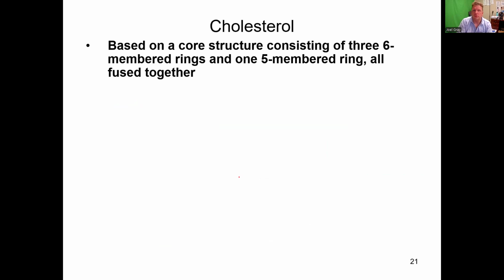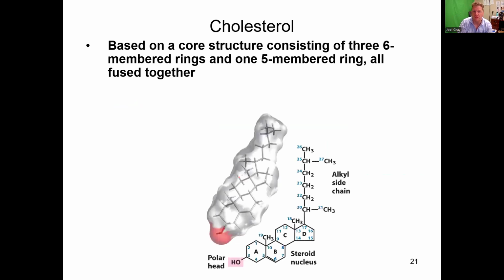Cholesterol is a class of compounds. These are based on a core structure consisting of 3 six-membered rings and 1 five-membered ring, all fused together. So there's our example: rings A, B, C are your six-membered rings, and ring D is your five-membered ring. Every cholesterol is going to have that same general structure.